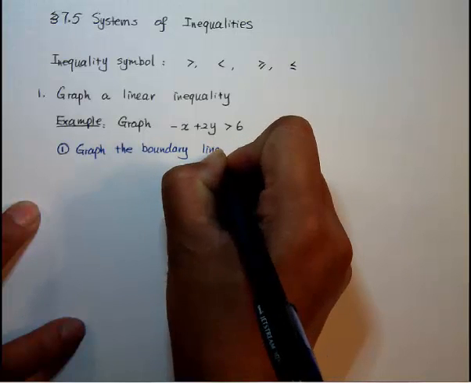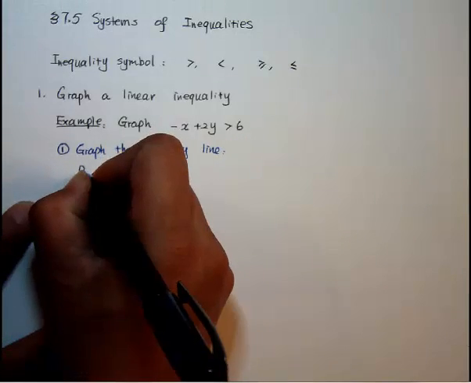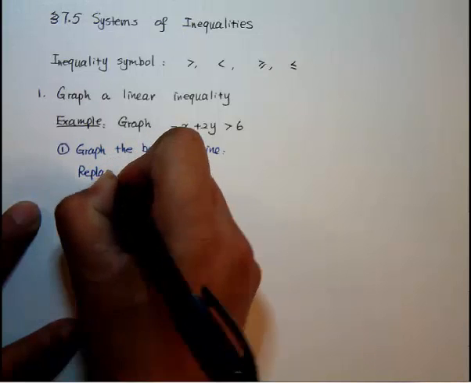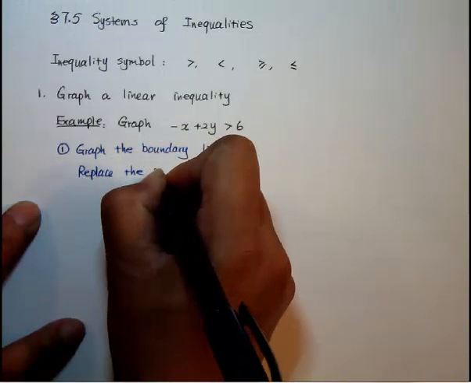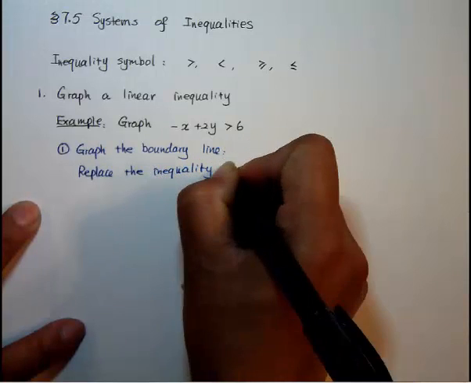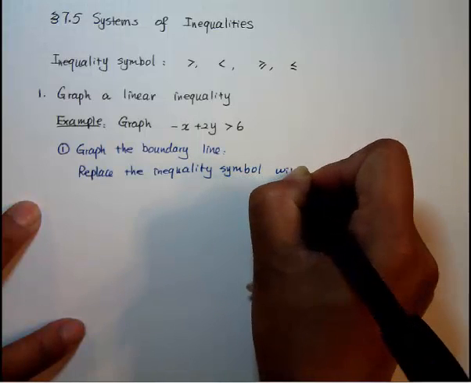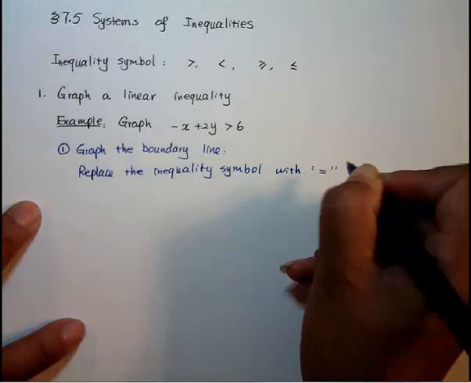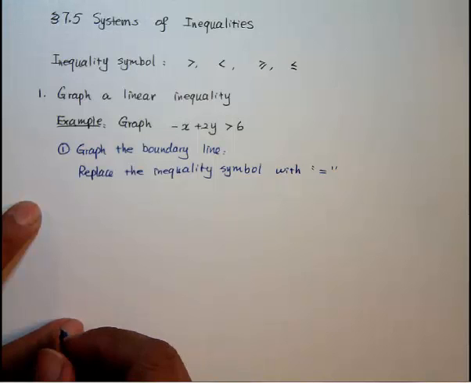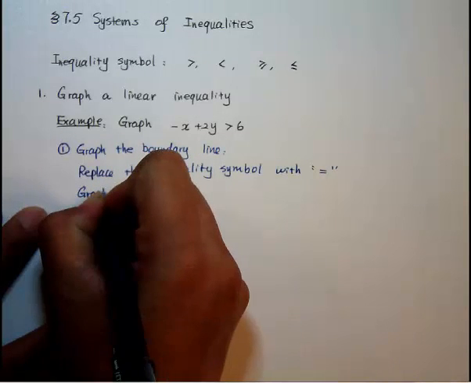The way we find the boundary line is to replace the inequality symbol with an equal sign. So you get a linear equation and then graph the corresponding linear equation.